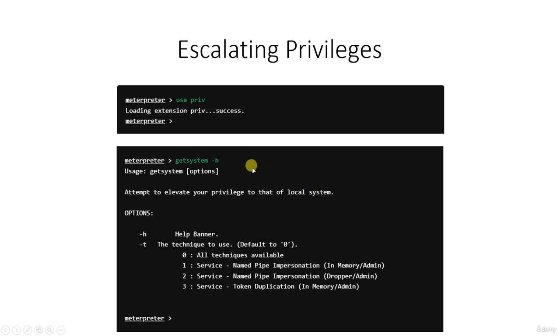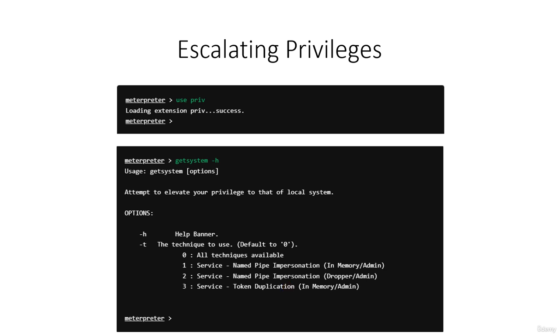Running getsystem with -h will display the options. This will attempt to elevate your privilege to local system. -h gives you the help banner, -t gives the technique to use: 0 is all available, 1 is service named pipe impersonation in memory or admin, 2 is named pipe impersonation for dropper, and 3 is token duplication.